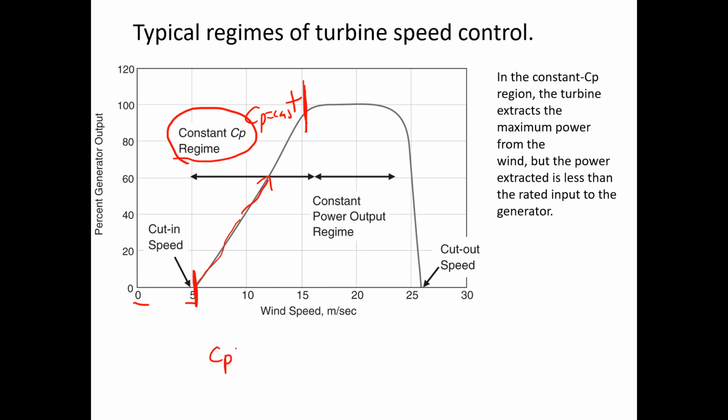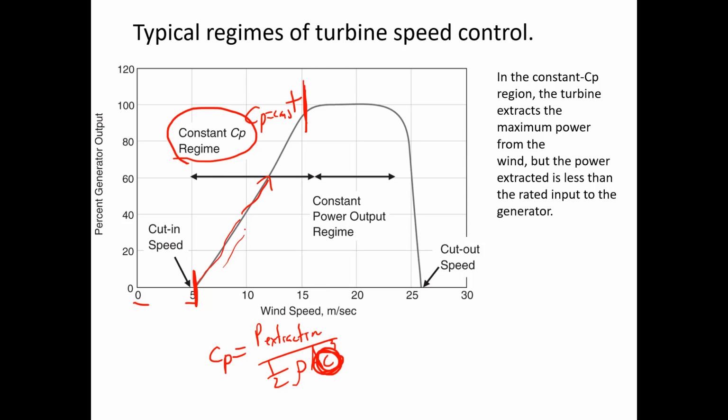Well, remember, the power extraction is divided by the total power in the air coming to the turbine, and that is a function of the wind speed. So as wind speed is increasing, you're in the constant power coefficient region.